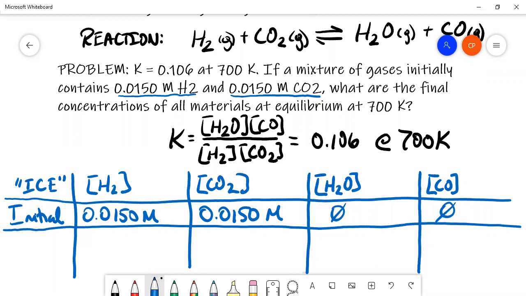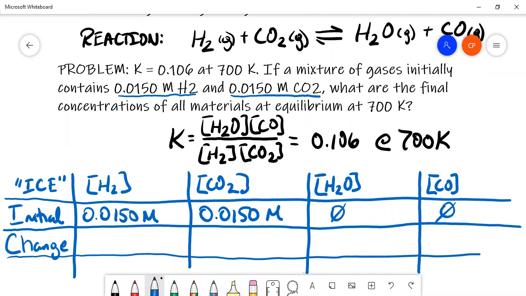The C stands for change. How much do these values change as we approach equilibrium? Well, again, I've got 0.0150 molar of H2, and I've got 0.0150 molar of CO2, and I've got nothing about the other guys. What direction is this reaction going? If this reaction is going to produce anything at all, which direction does this reaction have to go?